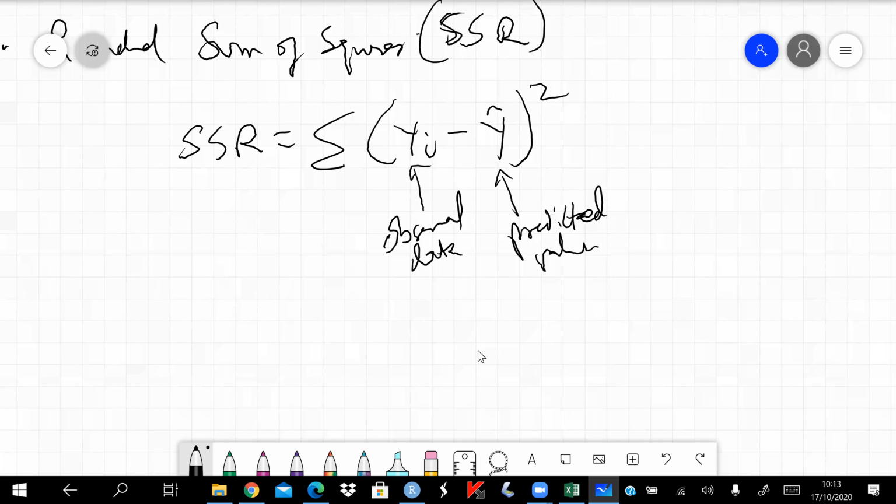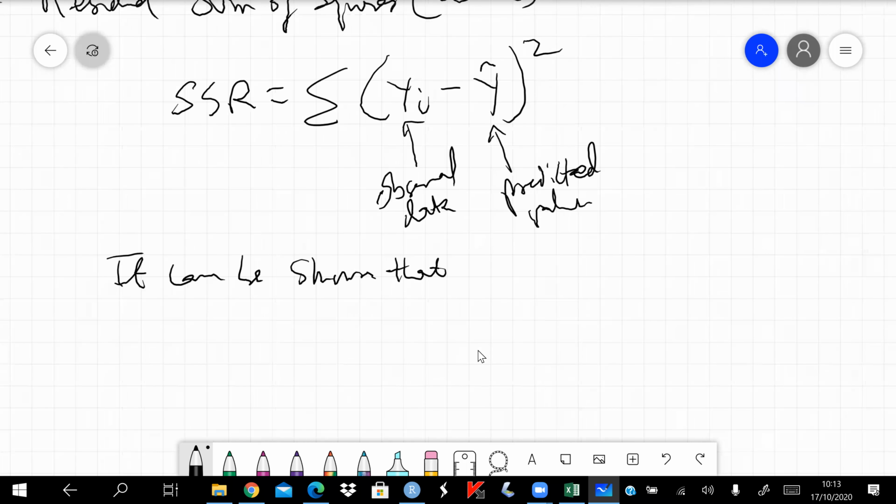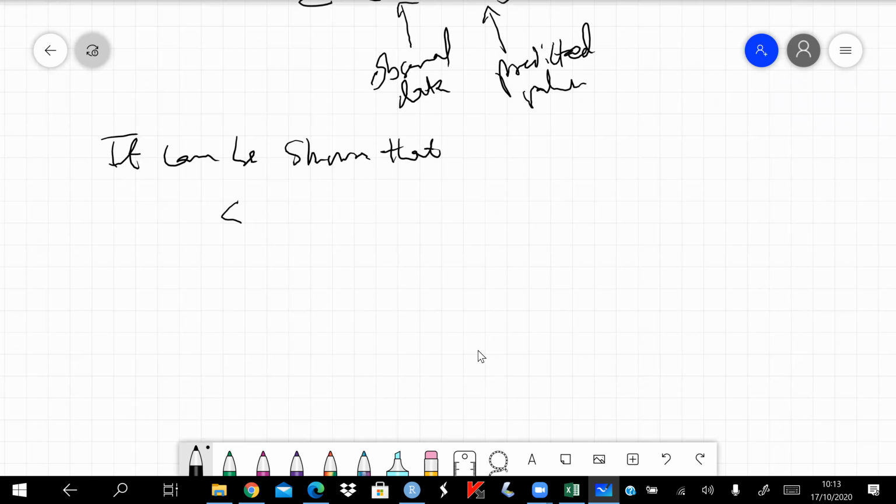So it can be shown that SST is the same as SSE, explained, plus SS residual.